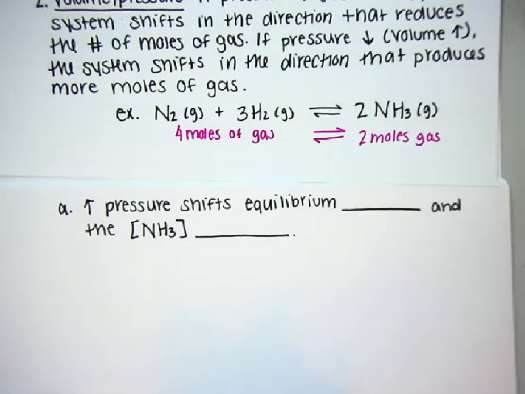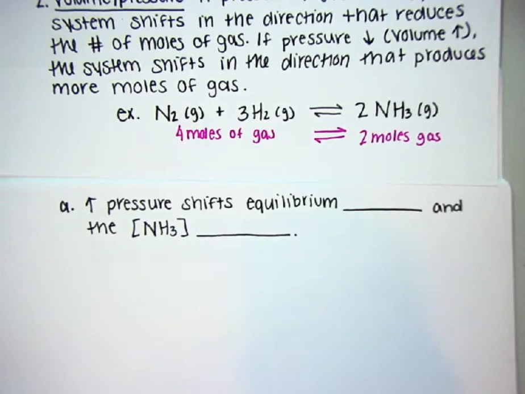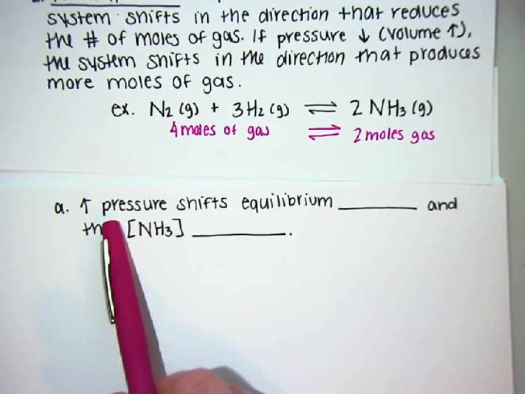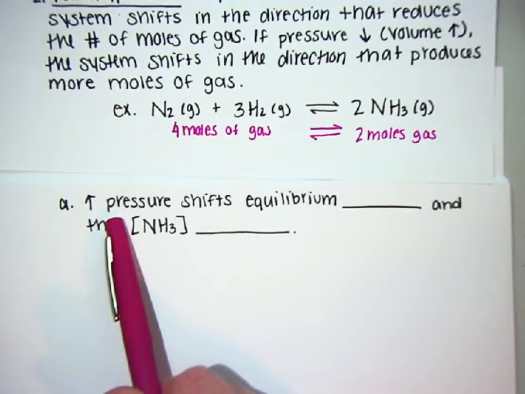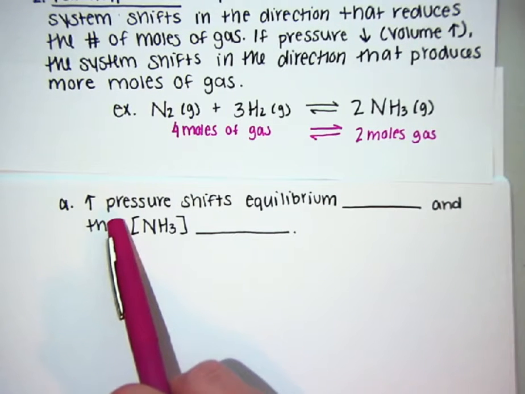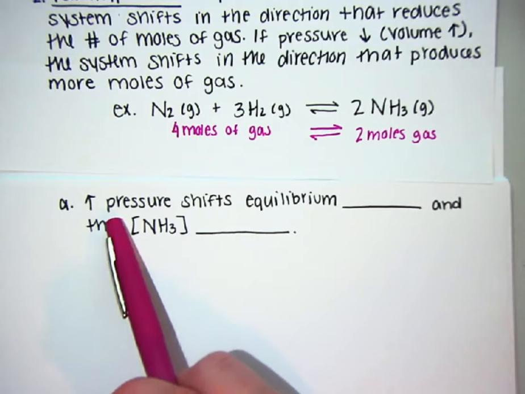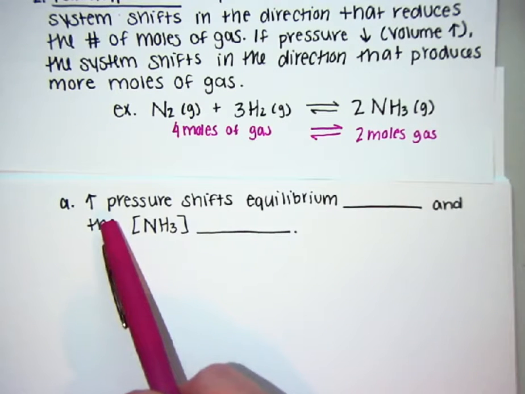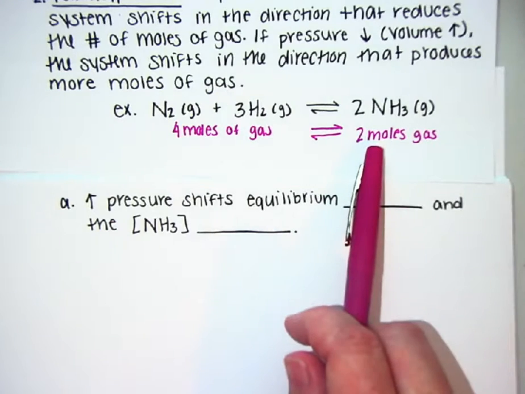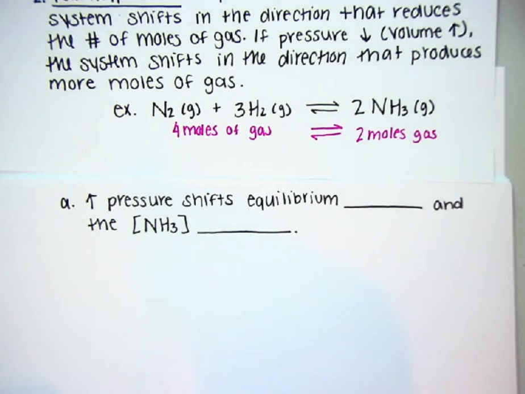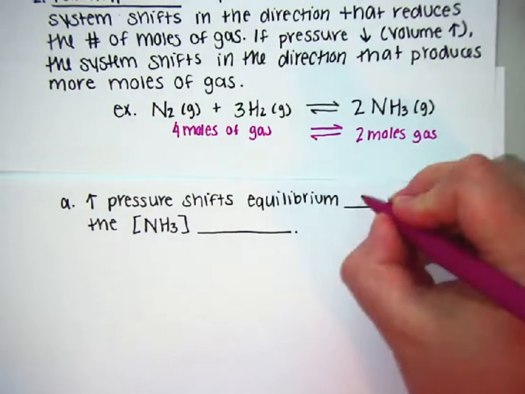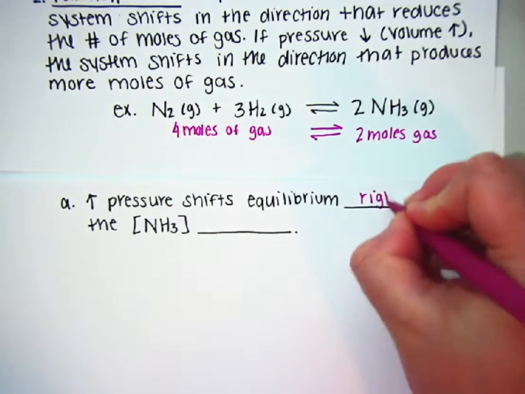So again, I always like to think of these in terms of volume because it makes more sense in my mind. So know that pressure and volume are inversely related. If pressure increases, volume decreases. If I have less volume, I have less space, it's going to favor the side with less moles of gas. So equilibrium would shift right.